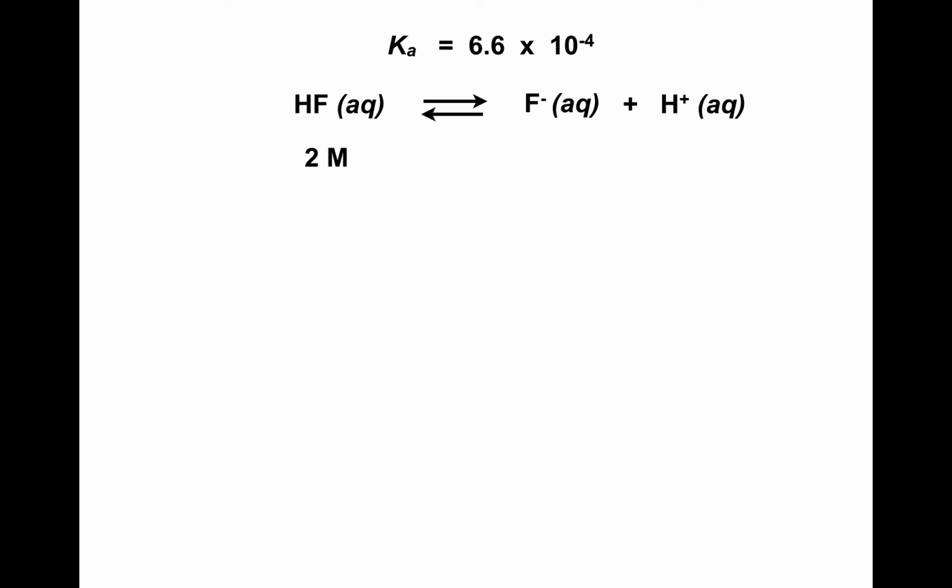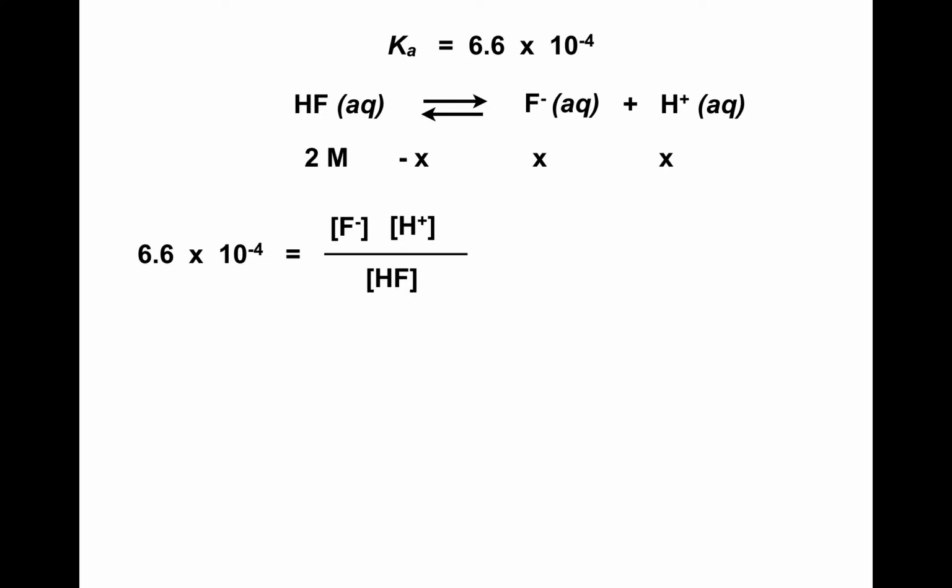All right, so for example, if I had a 2 molar sample of hydrofluoric acid, a weak acid, it breaks apart to form X amount of conjugate base, fluoride ion, and X amount of H plus ion. So if I can solve for X, that'll be equal to the fluoride concentration.